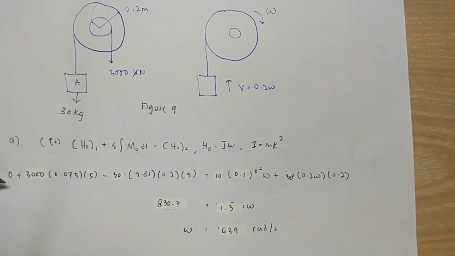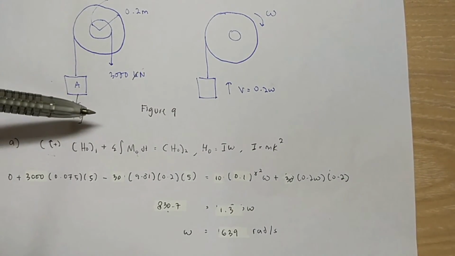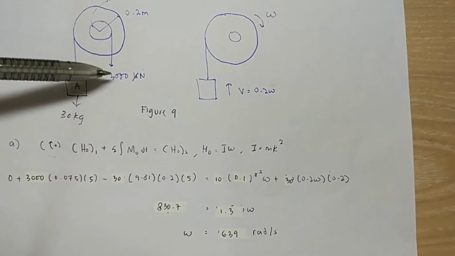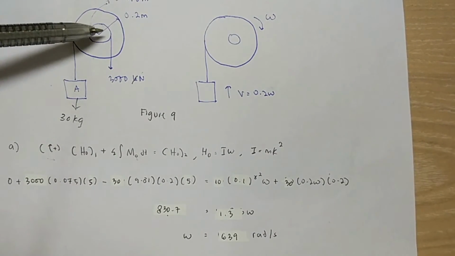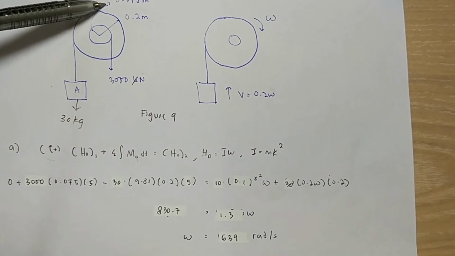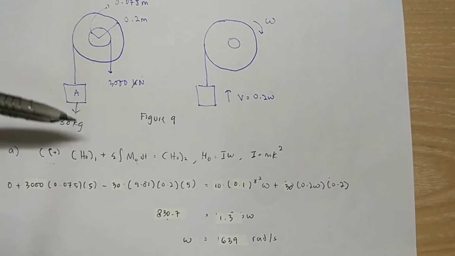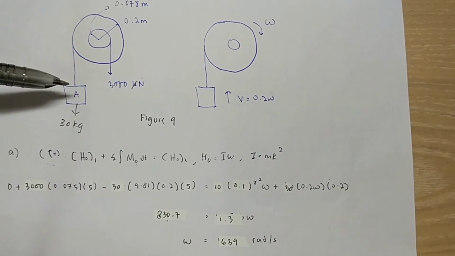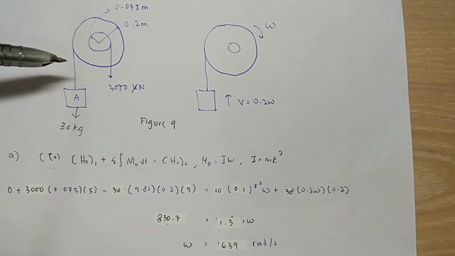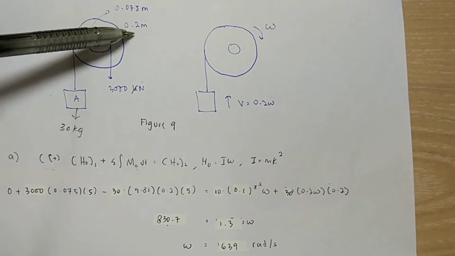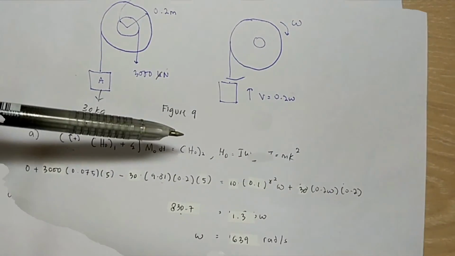H0 is 0 because it is at rest, and the moment is 3000 times 0.075 times 5 seconds minus 30 kg times 9.81 times 0.2 times 5 seconds.